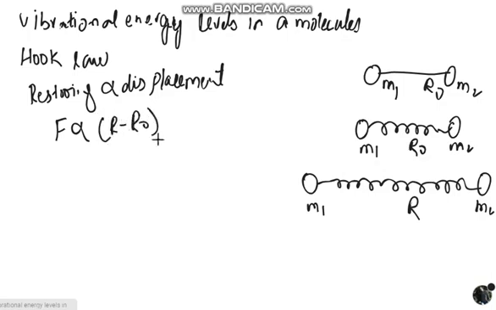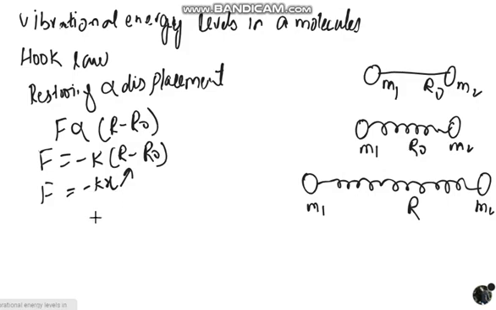When we stretch the spring, we increase the displacement. Removing the proportionality sign, we can write F is equal to minus k into r minus r naught. We can also write F is equal to minus kx, where x is equal to r minus r naught and k is the proportionality constant.